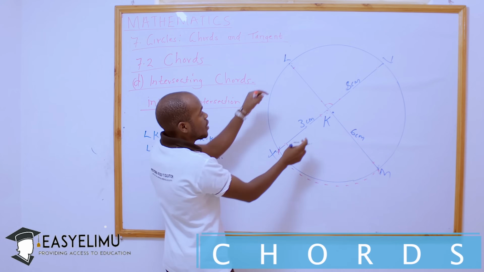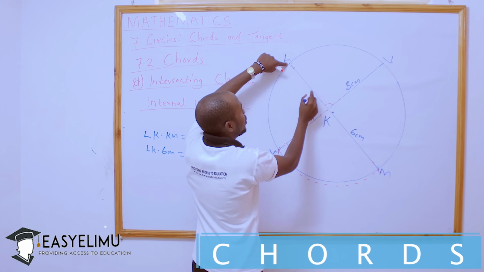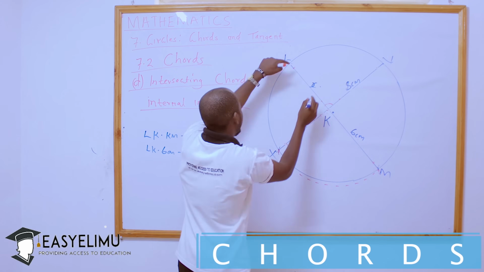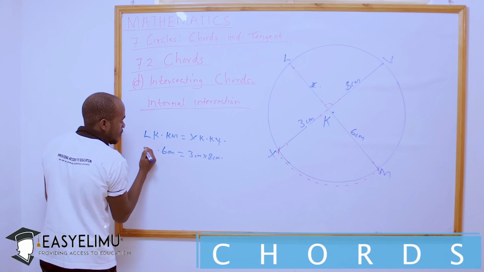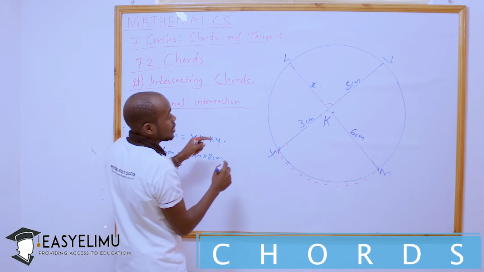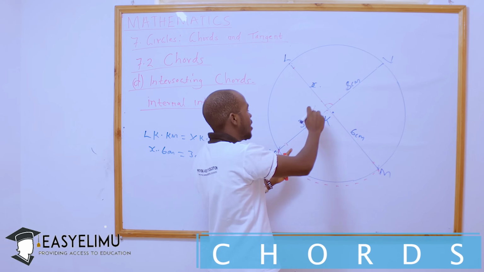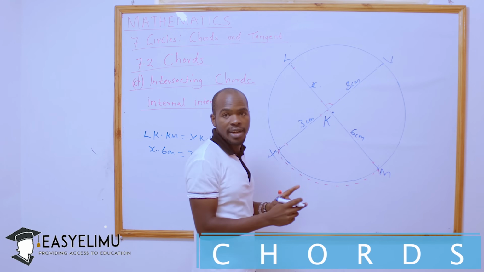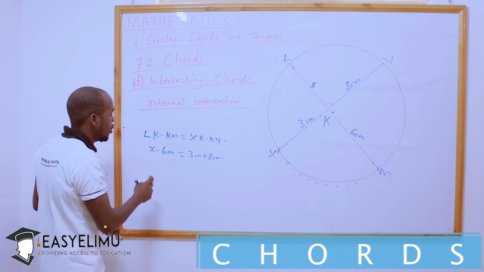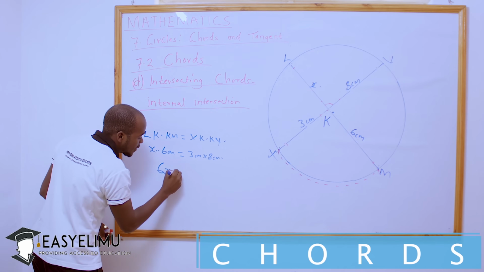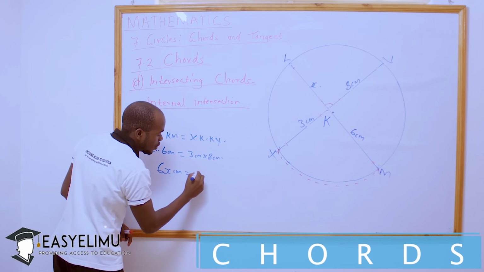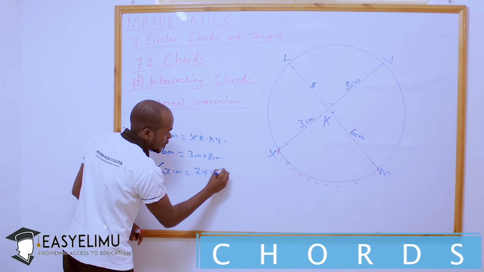Let's just substitute the missing part by x, so the other one is 6, and the other parts are 3 and 8. If we do that, we are going to get 6x centimeters is equal to 24 square centimeters.